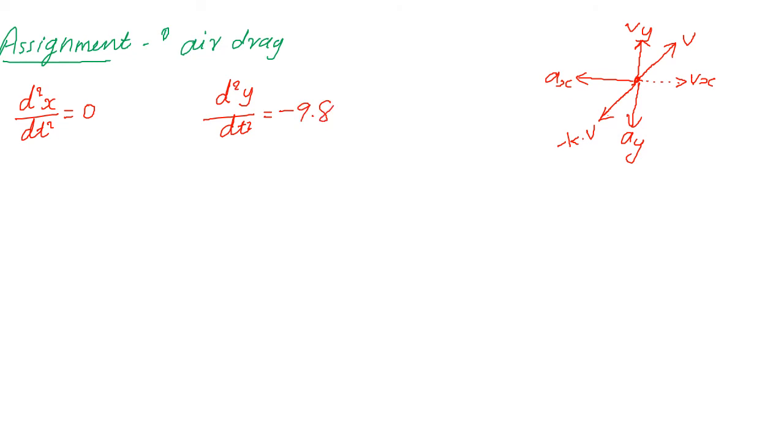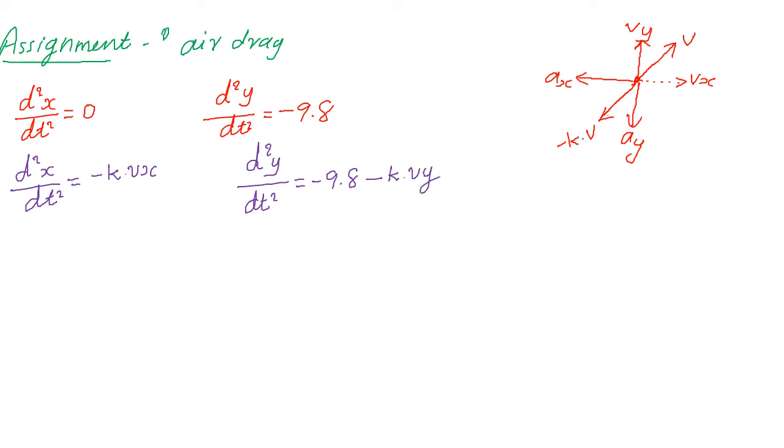Now this will be modified into d square x by dt square is equal to minus some constant into vx, and this equation d square y by dt square is equal to minus 9.8 minus some constant into vy.